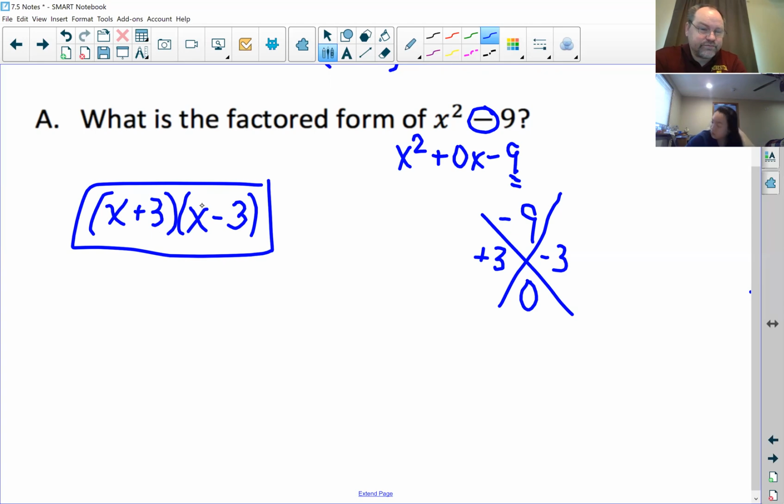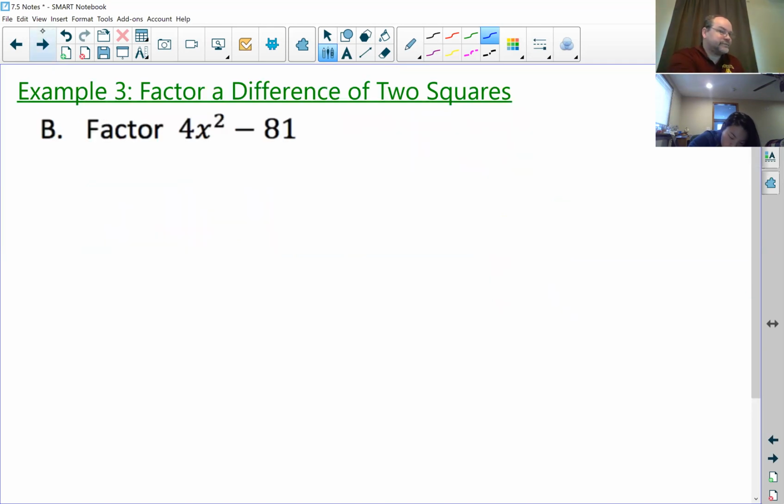These are just going to have opposite signs. It's a little more difficult when we have a number in front of the x squared, but with the difference of squares, it makes it somewhat easier.